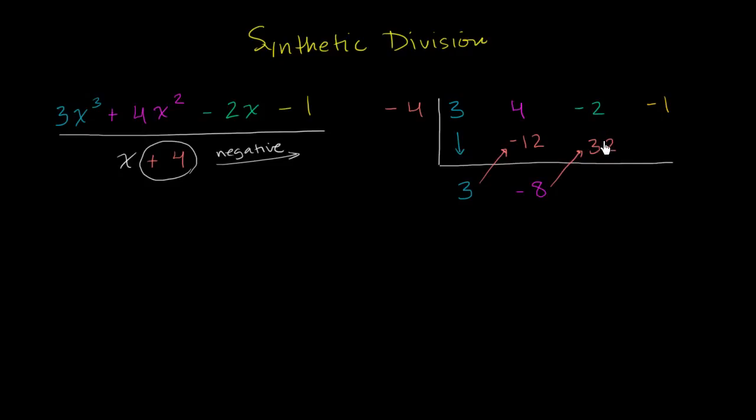Now we add negative 2 plus positive 32. That gives us positive 30. Then you multiply the positive 30 times the negative 4. And that gives you negative 120. And then you add the negative 1 plus the negative 120. And you end up with a negative 121.